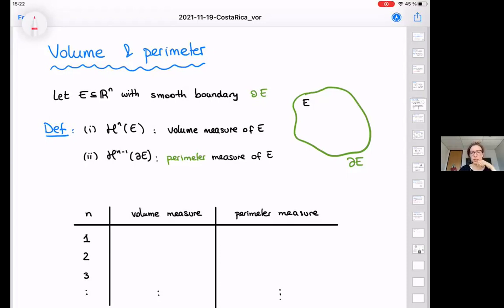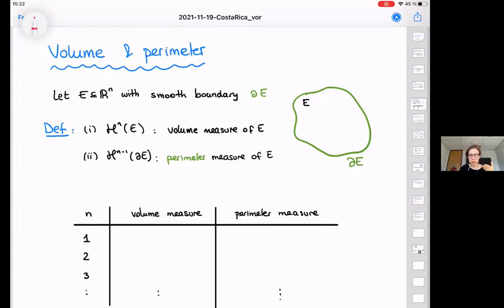The volume of the set is going to be the n-dimensional Hausdorff measure of E. And for the perimeter, or the surface area, we are going to look at the boundary of the set, and we are going to take the (n-1)-dimensional Hausdorff measure of it.